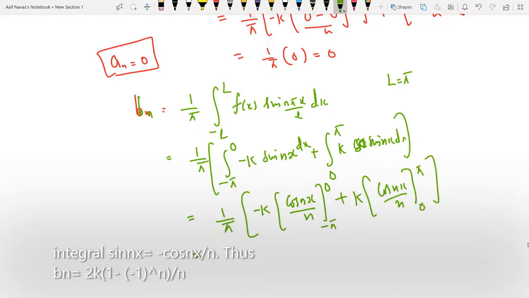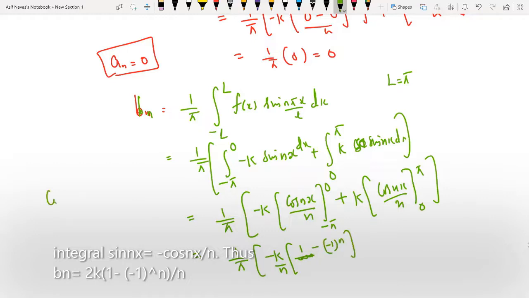So this is equal to 1 by pi, minus k into cos 0, which is 1. I can take n outside, so 1 minus cos minus n pi.